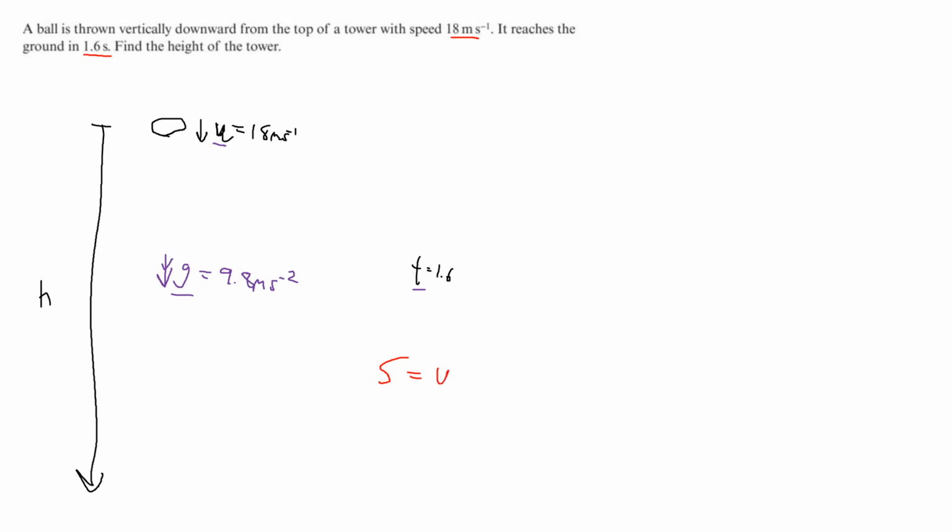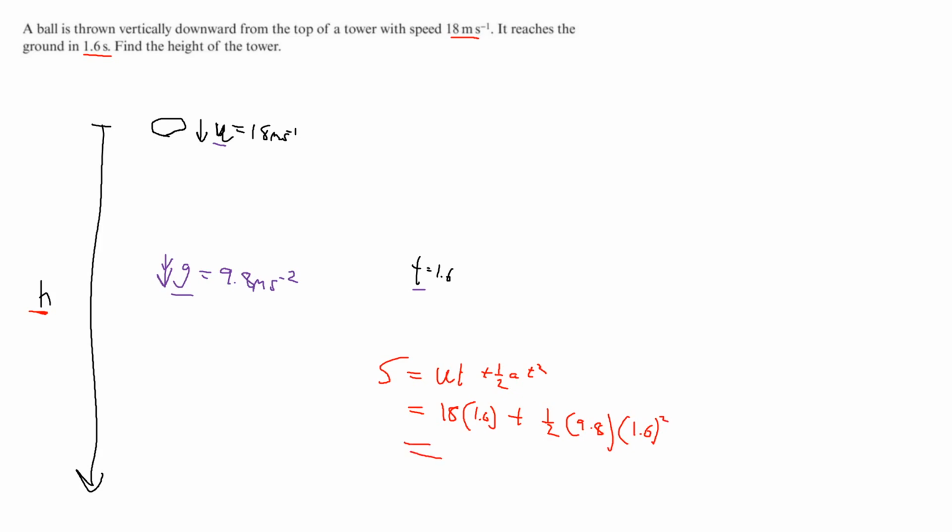S equals ut plus a half at squared. All right? So S is equal to, in this case, S is h, 18 times 1.6 plus a half times 9.8 times 1.6 squared. All right.